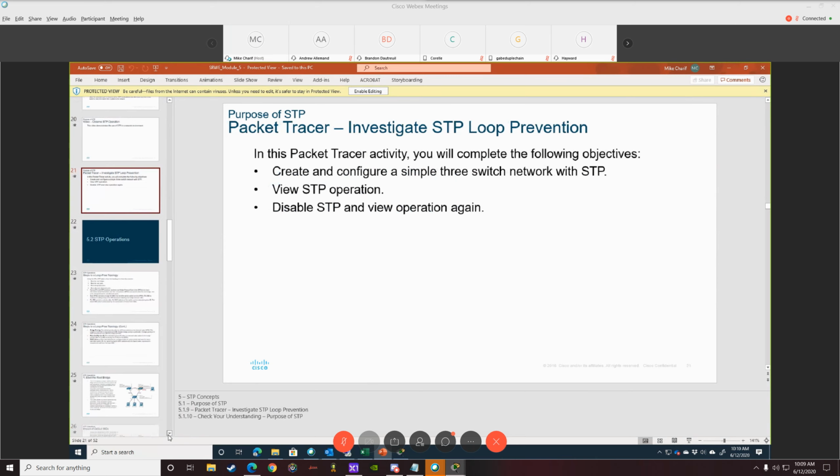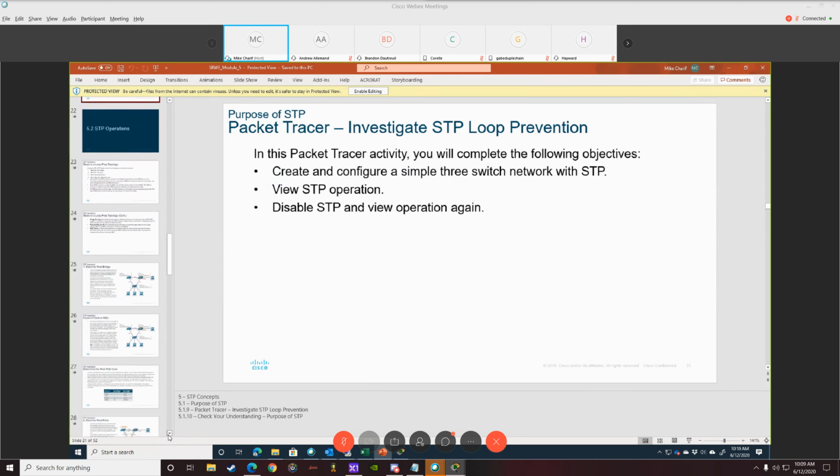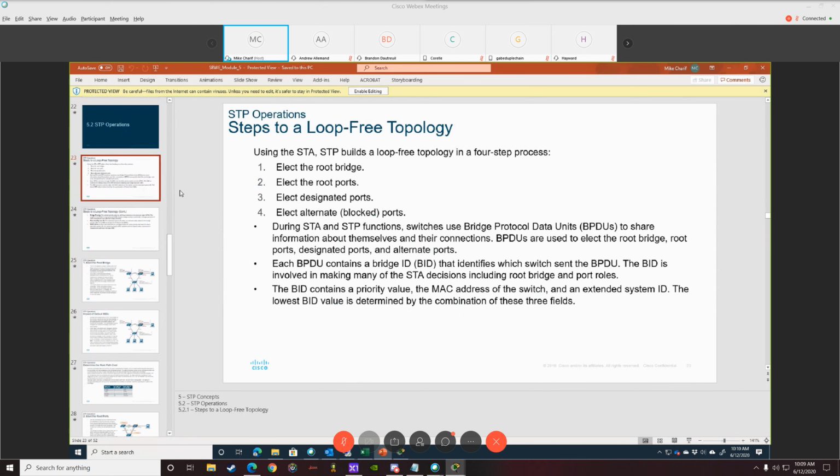That's what I'm interested in, the operation. All right. Those are the steps. What's happening the minute you add that link? Using the STA.